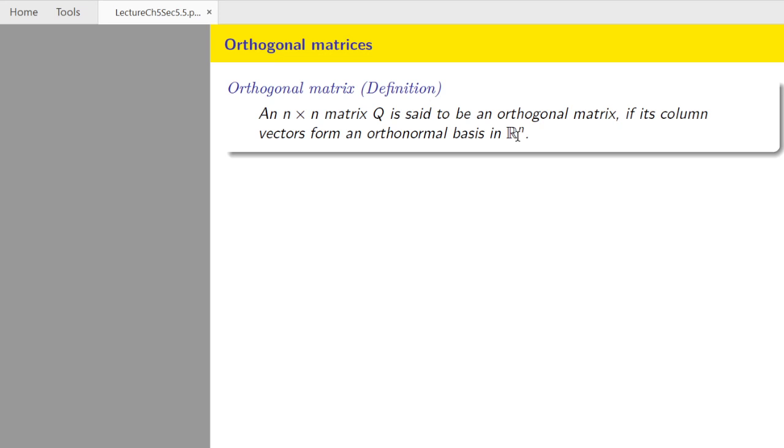Somehow it's a little bit hard to say how to show a matrix Q is orthogonal, but we have some equivalent conditions.